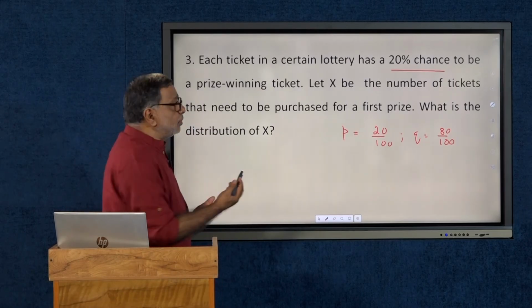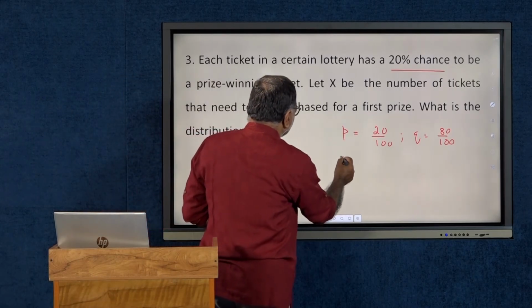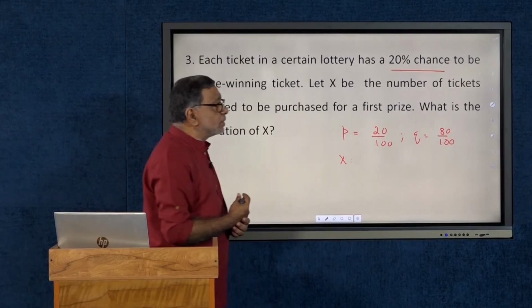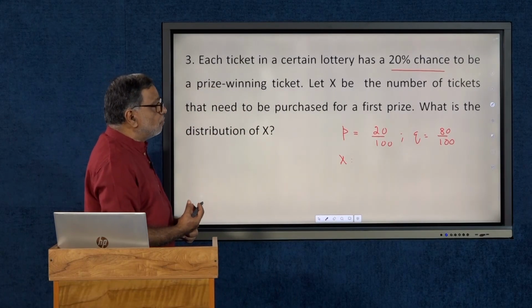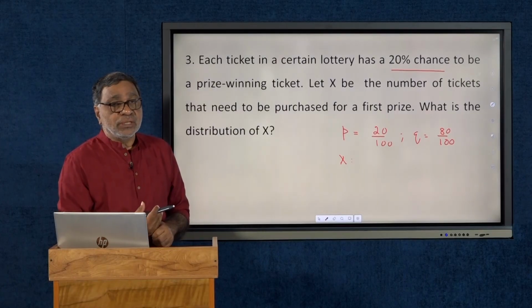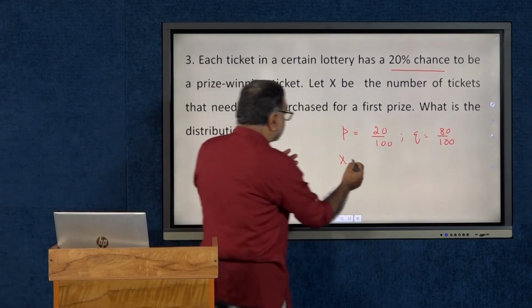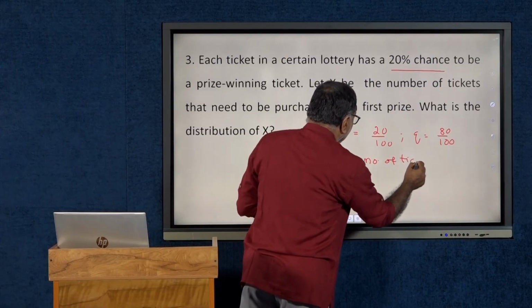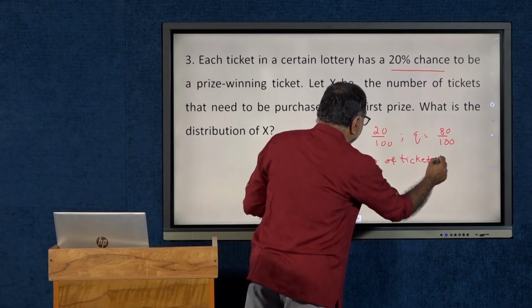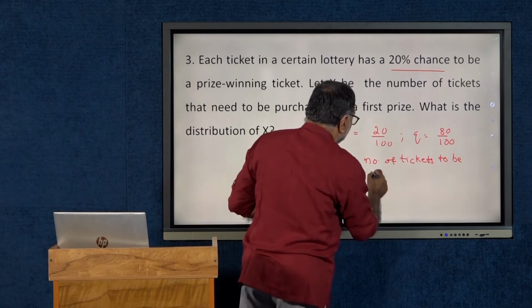And what is given to you? X, the random variable. It is the number of tickets that need to be purchased for a first prize. So the number of tickets to be purchased for a success.